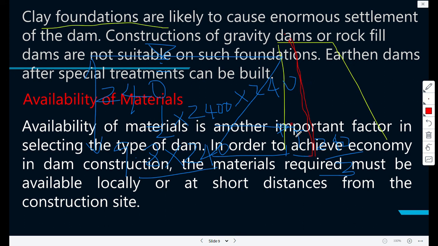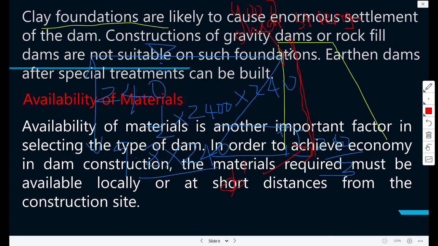But anyway, because of the enormous stresses here, this part has to have material of good shear strength. That means the phi has to be high, most likely high.